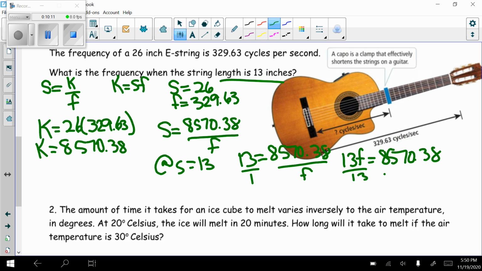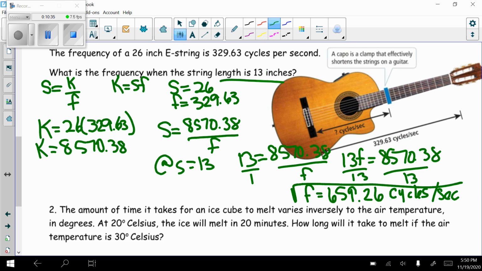Divide both sides by 13, and I find that F is equal to 659.26. That's my frequency. This was a word problem, so I need my units. Frequency was in cycles per second. So there's our answer.